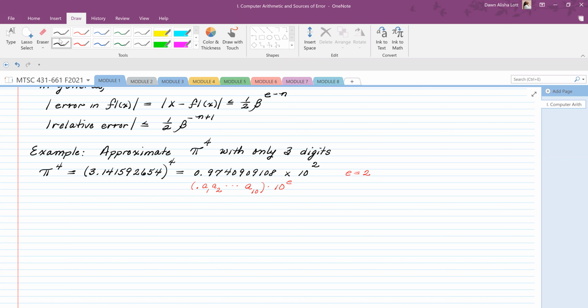Now I'm going to do a round for this. So FL of pi to the 4th. I can only have 3 digits. So that's going to give me 0.974. It's going to look to the next number and it's going to see a 0. So it's going to round down times 10 squared. Okay. Kayla, you look skeptical.